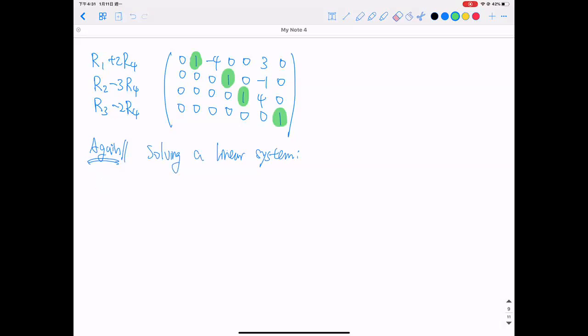Step 1 is to consider the augmented matrix corresponding to the system.